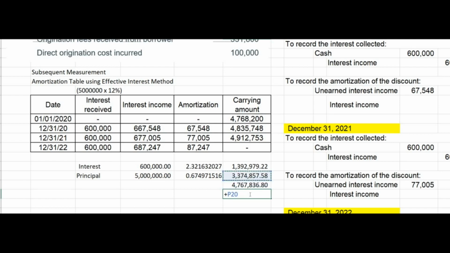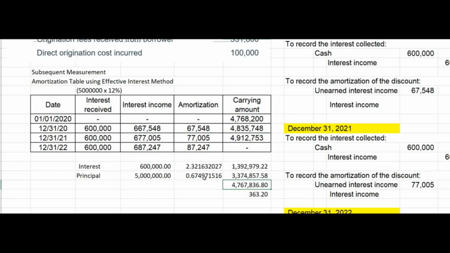There is a slight difference of that much, 363.20. But ideally, what you should derive here is that the present value of the cash flows of the loan must be equal to the initial carrying amount.